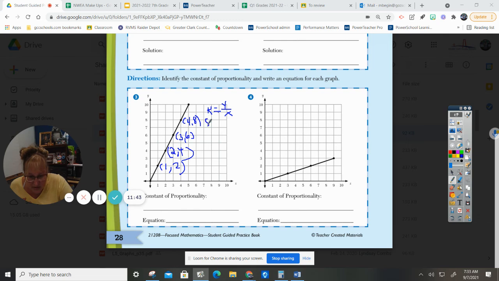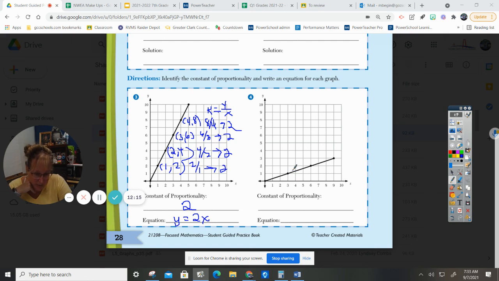So it should have been 8 over 4, or 6 over 3, or 4 over 2, or 2 over 1. So you can tell all of these will be simplified into 2. So that is why our constant that is occurring is 2. So our equation is y equals 2 times x.